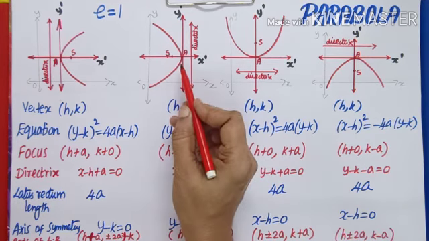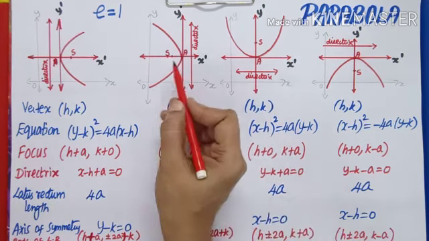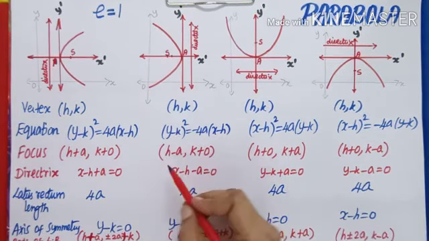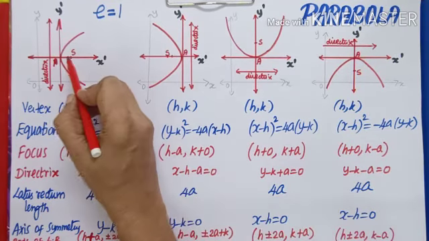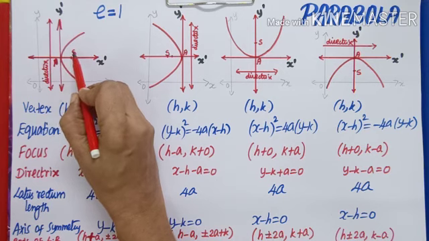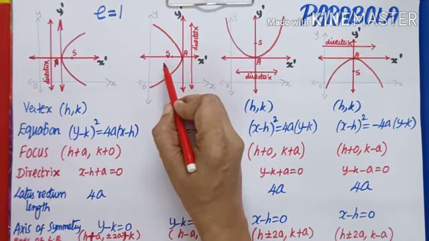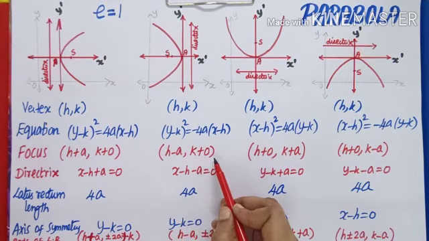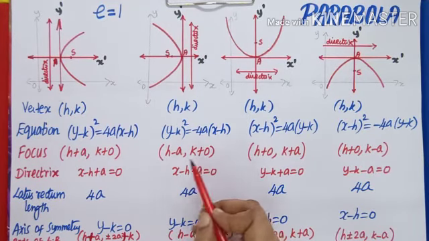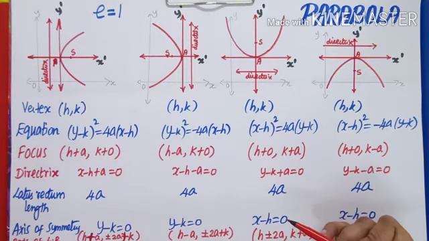The same idea when I come here. It is this side. So it is minus a, 0. See, focus is to the right. It is a, 0. Add with h, k. When it is to the left, it is minus a, 0. Add with h, k because h, k is the vertex.